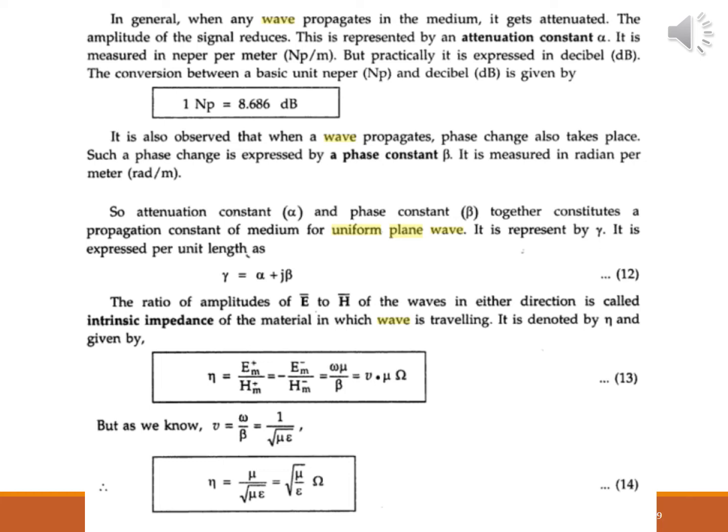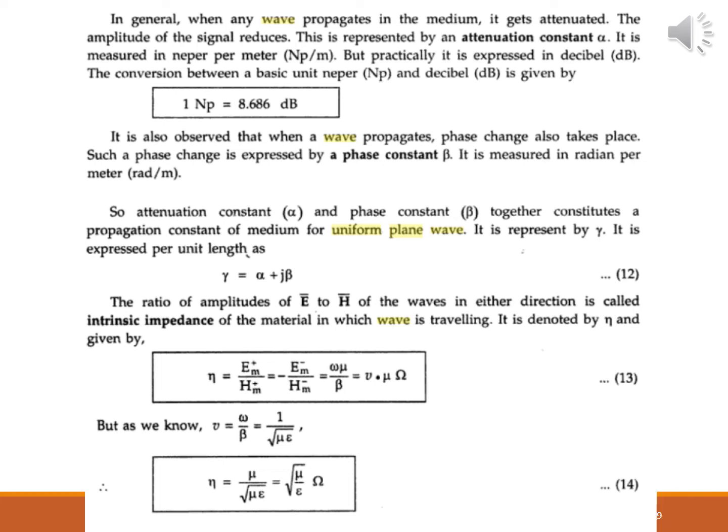As mentioned earlier, it's measured in nepers per meter or in decibels per meter, and the relation between neper and decibel is as given below. So that is the first constant.